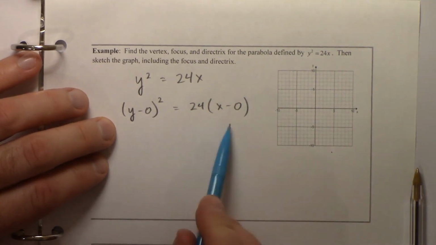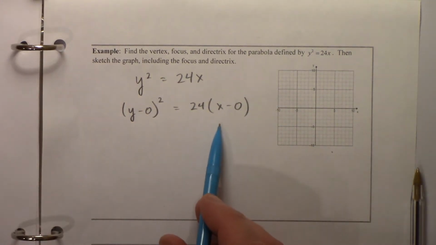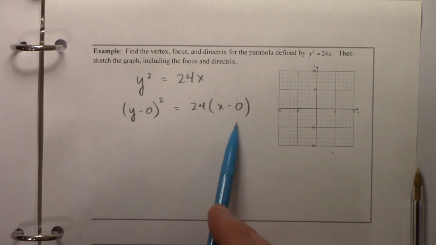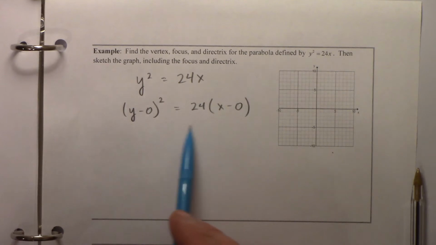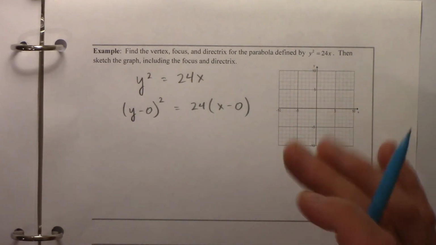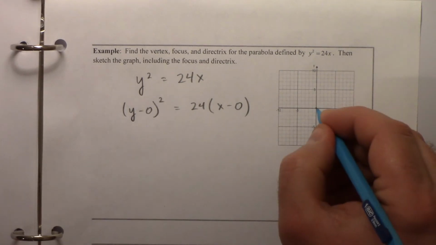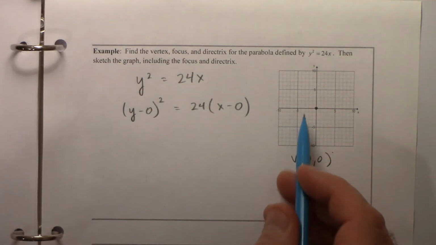That's a little cumbersome, but certainly it's equivalent to the original, and this more clearly identifies the coordinates of our vertex. So let's go ahead and jot that down. Your vertex here would have coordinates (0, 0). I'm going to go ahead and mark that on our graph.